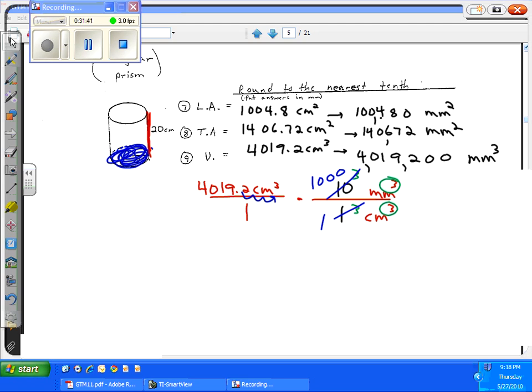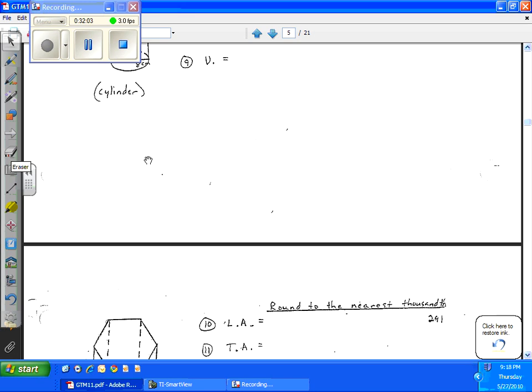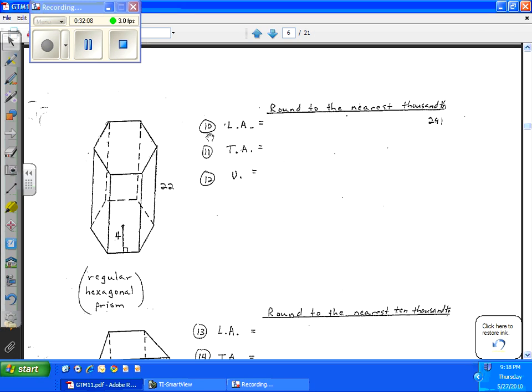Okay, so that was a look at volumes of prisms. This particular type of prism is a circular prism, and it's better known as a cylinder. Okay, we've got some more on the next page. We might do well to practice one of those.